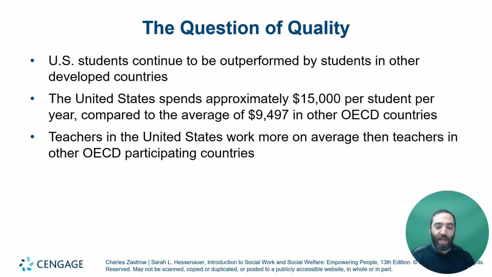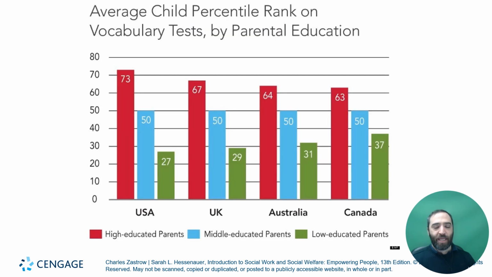There's health insurance that government provides in basically every other country on that list. There is less crime in those other countries, things like that. Teachers in the US work more on average than teachers in other, again, richer participating countries.